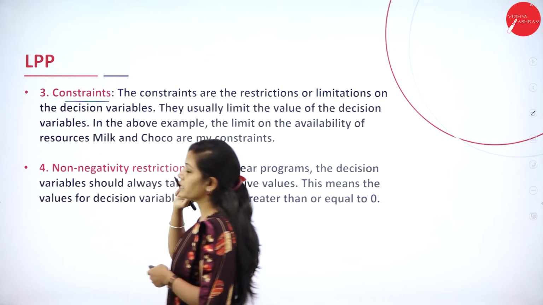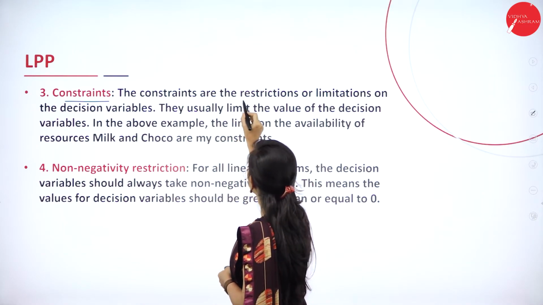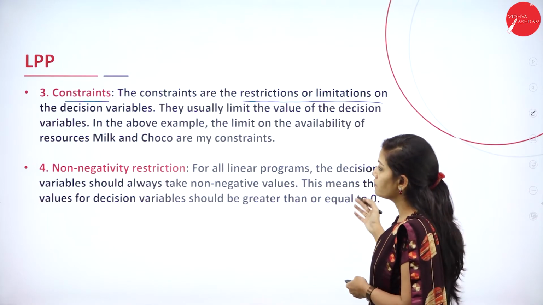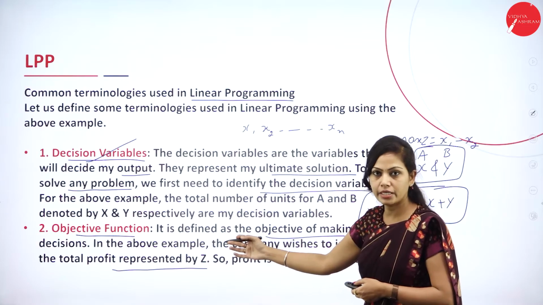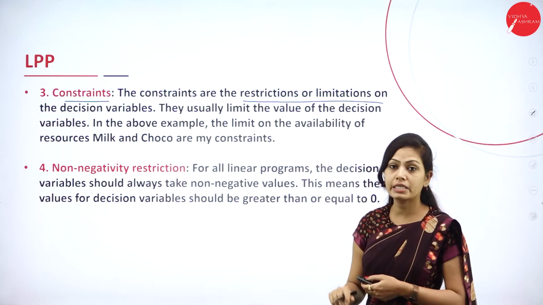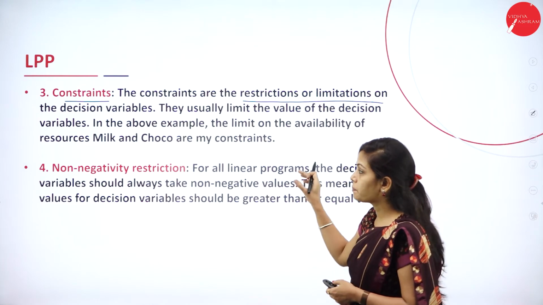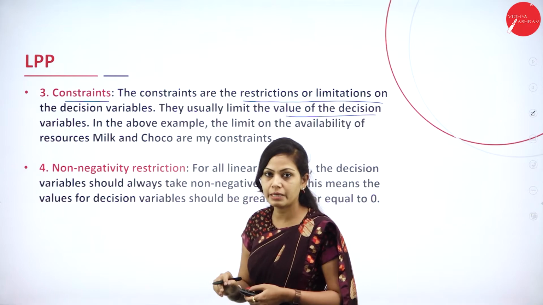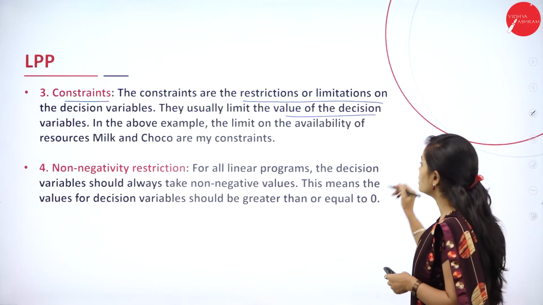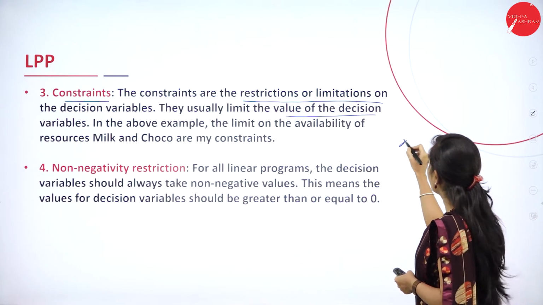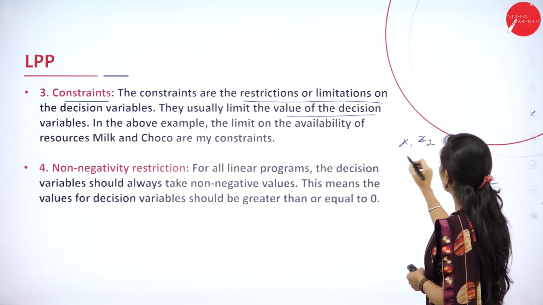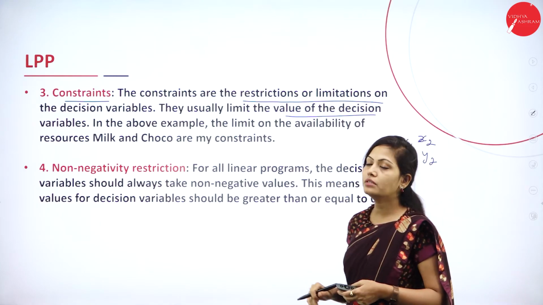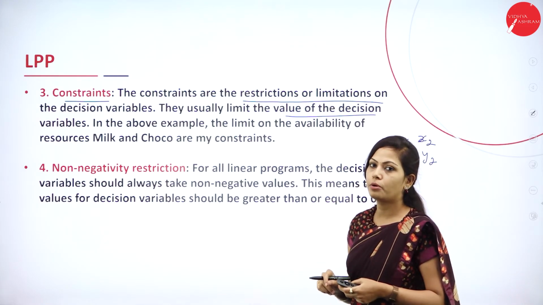A very important concept is constraints. The constraints are the restrictions or limitations on decision variables. Whatever decision variable you are taking here has to be restricted in constraints. For representing the constraint, we have to use the decision variables, called x1, x2, y1, y2, etc. Here I am taking better constraints for representing the problem.